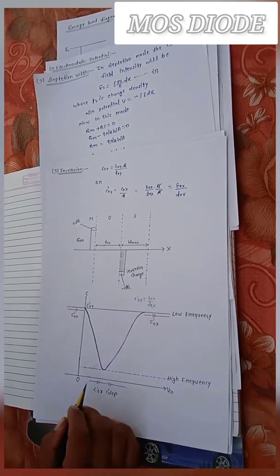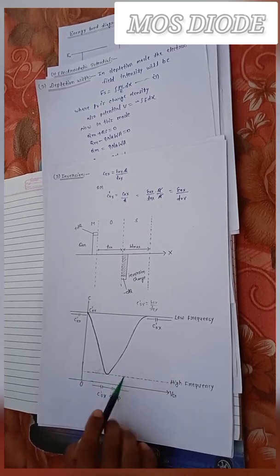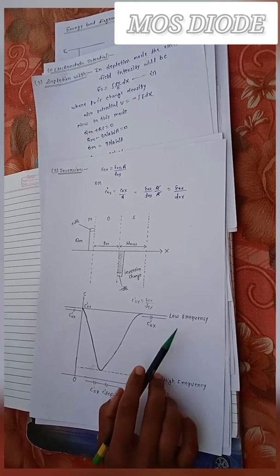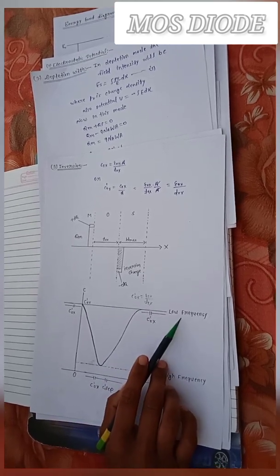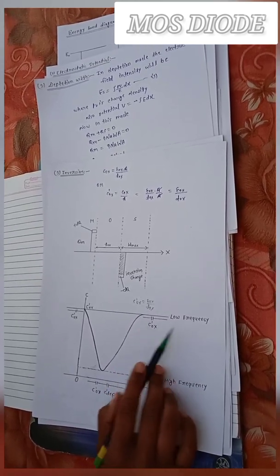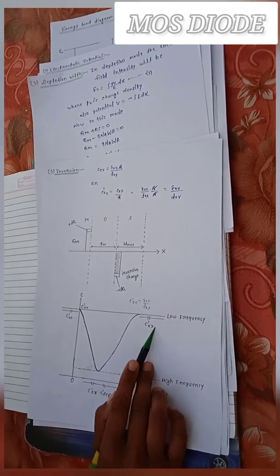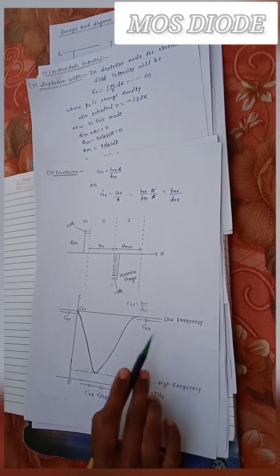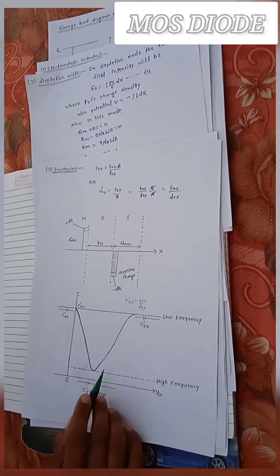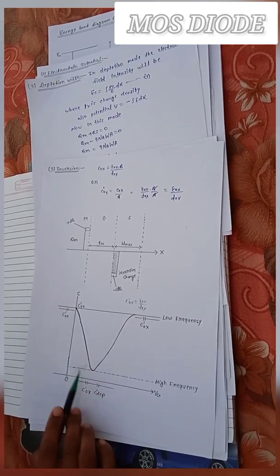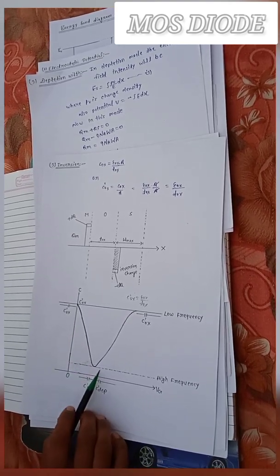So the curve is low frequency, somewhere around 10 hertz, which is very low frequency, which means if you apply something higher than 100 hertz, you are accumulating to get the inversion charge, and in accumulating mode the capacitance keeps reducing in depletion mode.